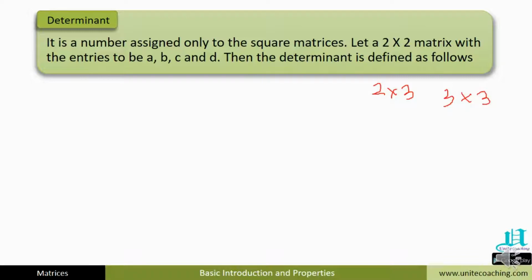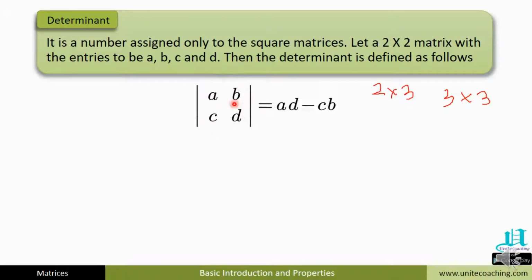Now moving on, how to calculate the determinant and how to represent it. We have this 2 cross 2 matrix whose entries are A, B, C, D. We represent the determinant with the help of two parallel lines. Remember, in the case of matrices we used parentheses or square brackets, but for determinants we use two parallel lines with the entries in between.